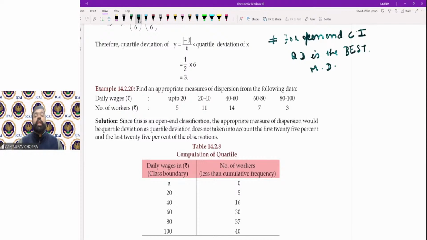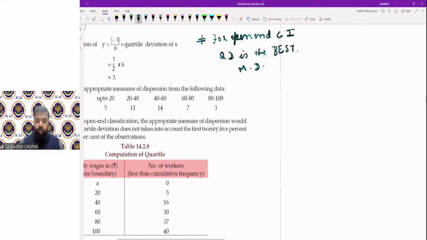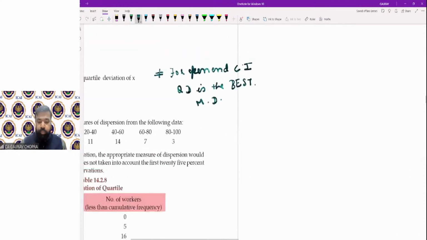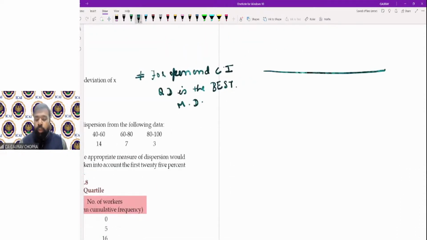अगर क्लास इंटरवल आपका ओपन एंडेड है तो फिर हम क्वार्टाइल डेविएशन को बेस्ट मानते हैं. बेस्ट क्यों मानते हैं? व्हाट इज द लॉजिक बिहाइंड दैट? सो क्वार्टाइल डेविएशन पता है डिवाइड्स एन अरेंज सीरीज इनटू 4 equal parts. So Q1, Q2, Q3. And for calculation of quartile deviation, we need only Q1 and Q3.